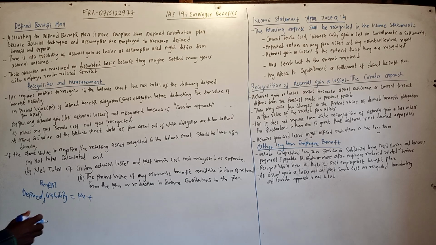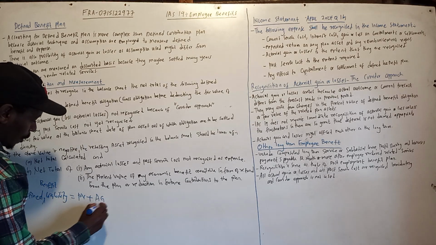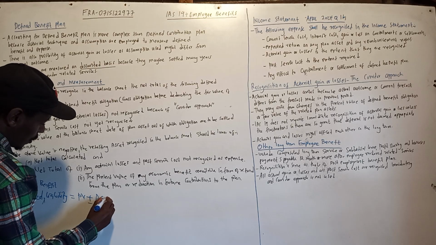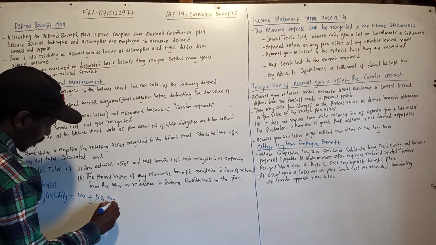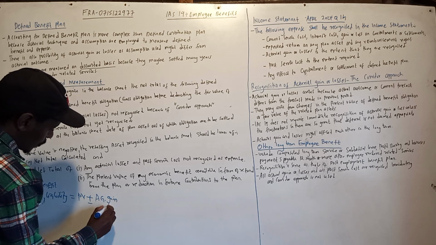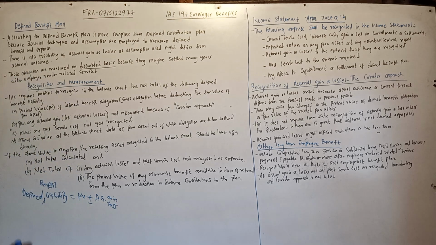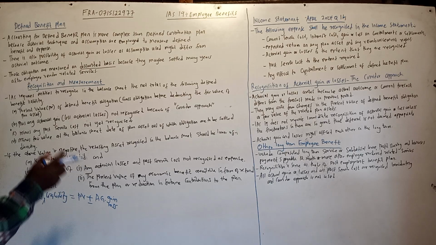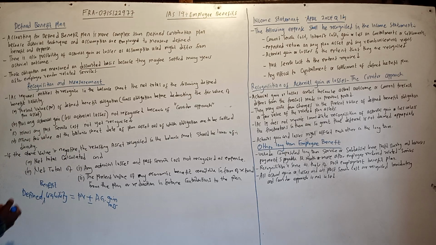You start with the present value of the defined benefit obligation. That is the gross obligation before deducting any fair value of the asset. Then you add or subtract the actuarial gain or loss not recognized, using the corridor approach.